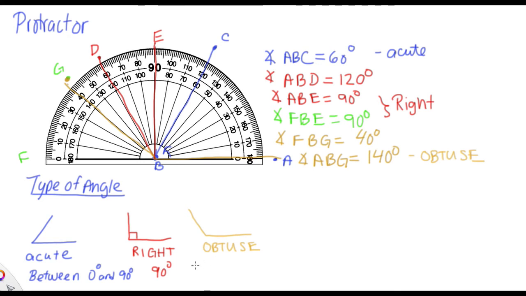So this would be between 90 degrees and 180 degrees. A straight angle would be angle FBA. It's exactly 180 degrees.